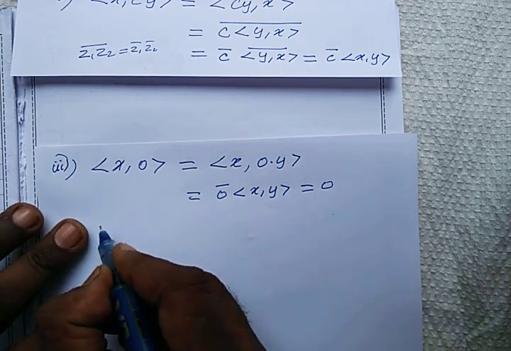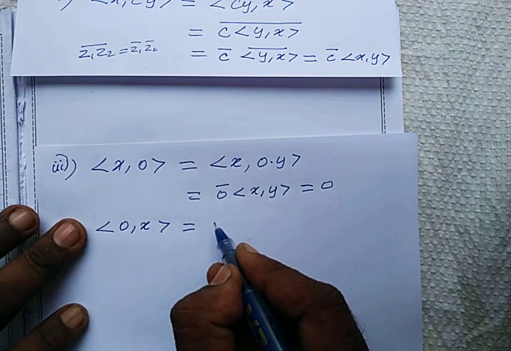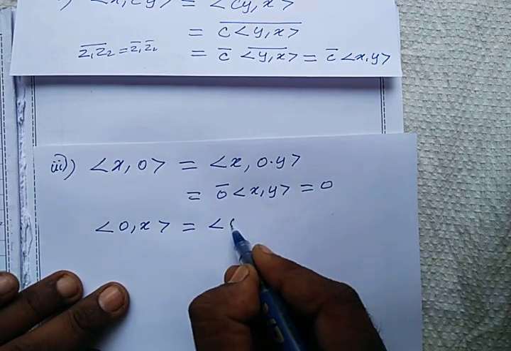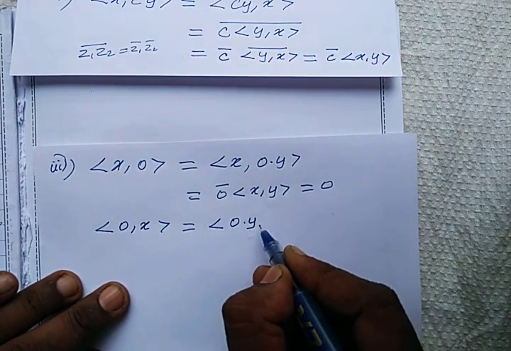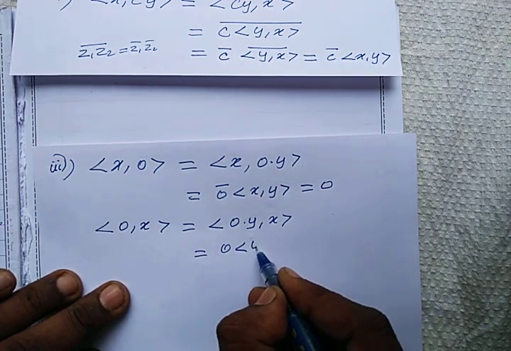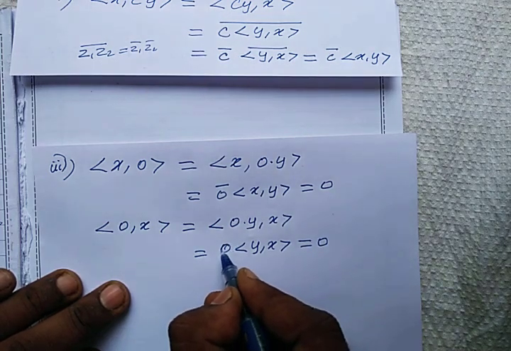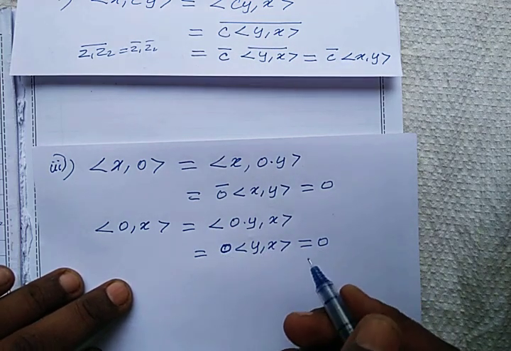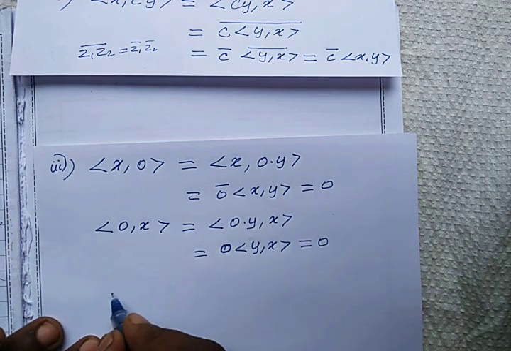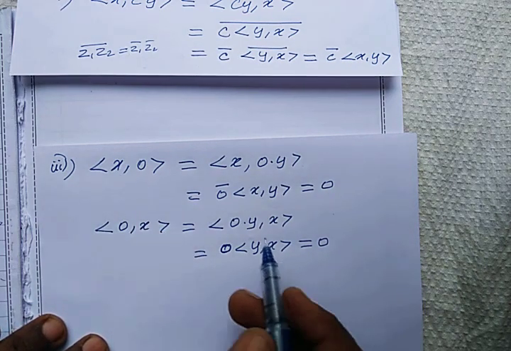Similarly, inner product of 0 comma x. We may write this as inner product of 0 times some y comma x. This is equal to 0 times inner product of y comma x. 0 times a number is 0 only. So this is equal to 0.